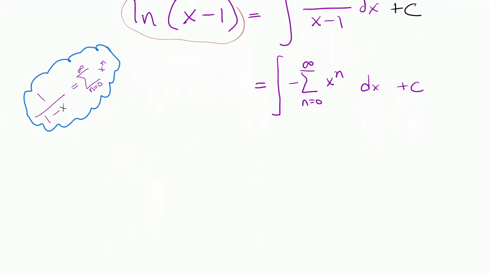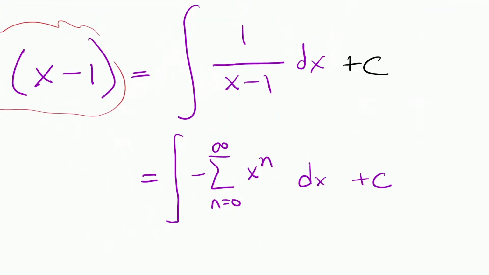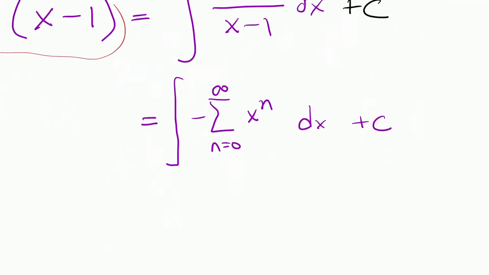So next is to do the antiderivative, and it is kind of hard to think about doing an antiderivative of a summation, but you can do this. Just do it one bit at a time. So Karen, what is the antiderivative of x to the n?